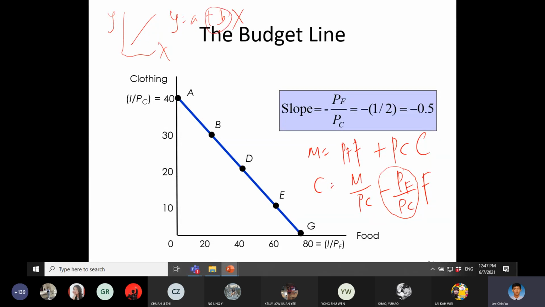So the B over here, together with the positive or negative sign, is the slope. But if we arrange according to this fashion, we can see that the price of food over the price of clothing represents the slope of the budget line, and you have a negative, meaning downward sloping. That's why over here you can see that we have a negative value.